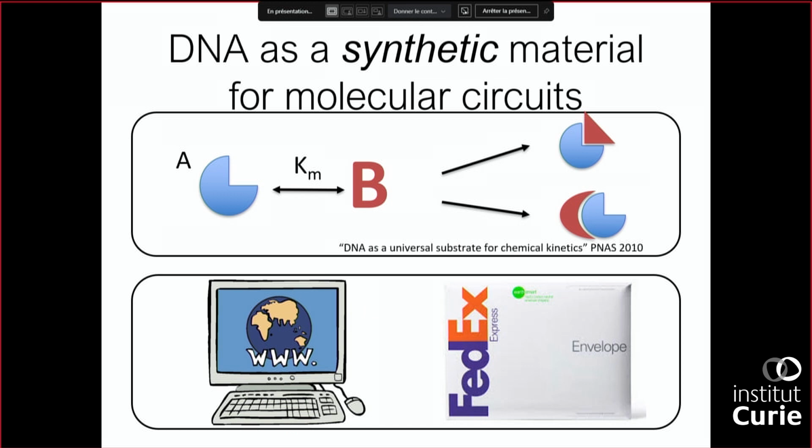And another one is that you don't need to synthesize those guys. You can just order them over the internet, and you will have whatever sequence you desire. You will be able to get it typically the next day or in a few days. So that's very practical when you want to design many of these binding pairs, which is going to be the task of creating an artificial network.